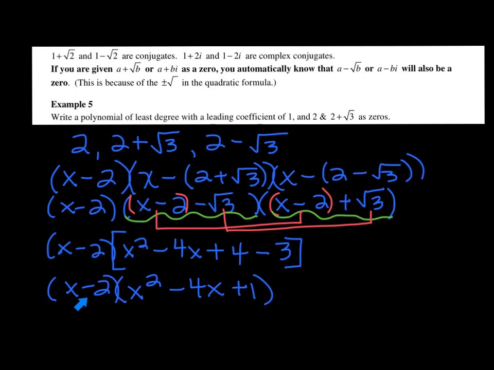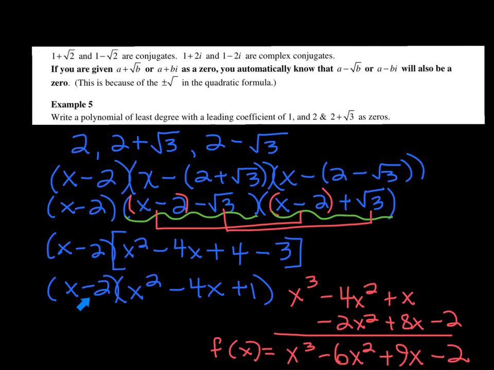And now I'm going to multiply this polynomial out. When I multiply these two polynomials out, I will end up with this function. If I wanted to check this, I could put this function into my calculator, make sure that it crossed through 2 plus the square root of 3, and 2 minus the square root of 3.